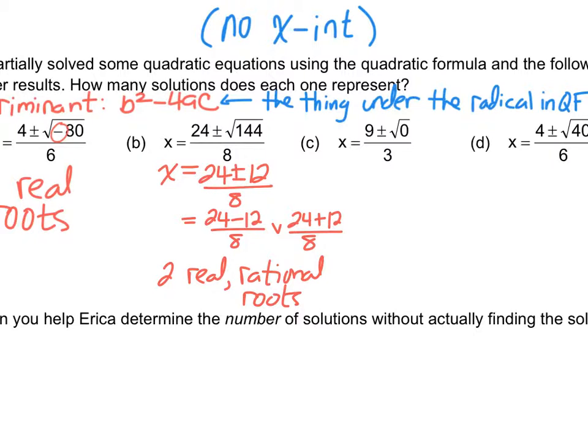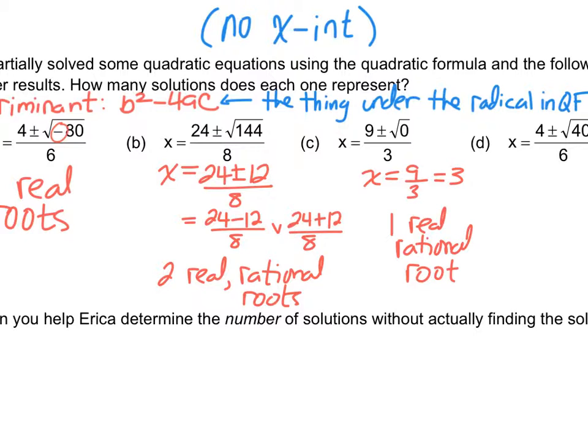If it's 0, you see this one, 0, simplifies down to just 9 over 3, right? Specifically equal to 3. How many roots is that? 1. So we're looking at 1 real rational root. So if the discriminant is equal to 0, you're looking at 1 real rational root.